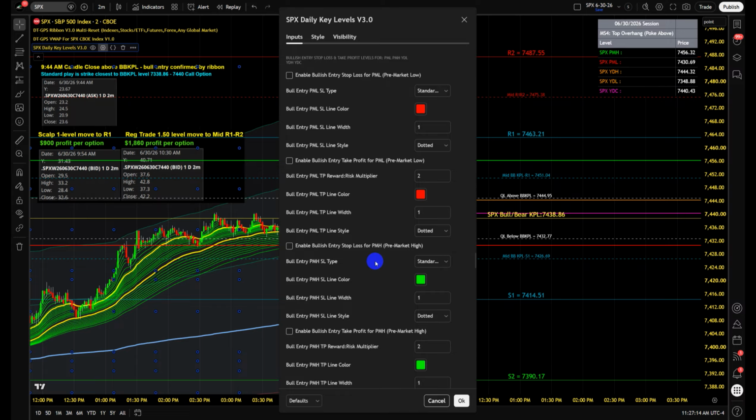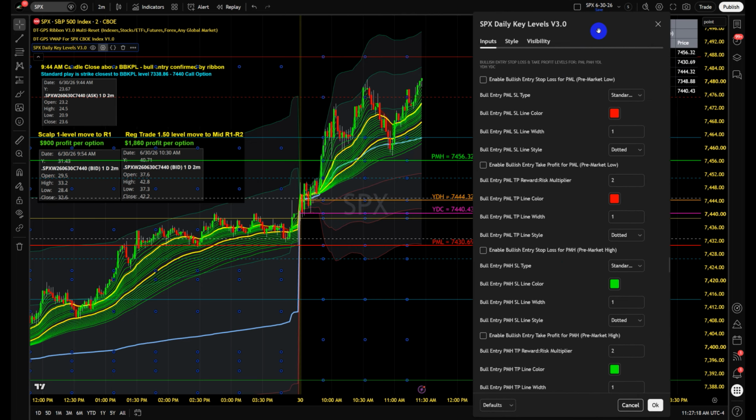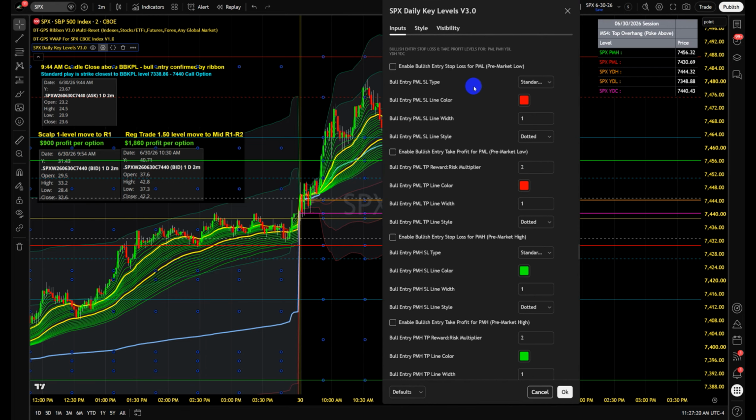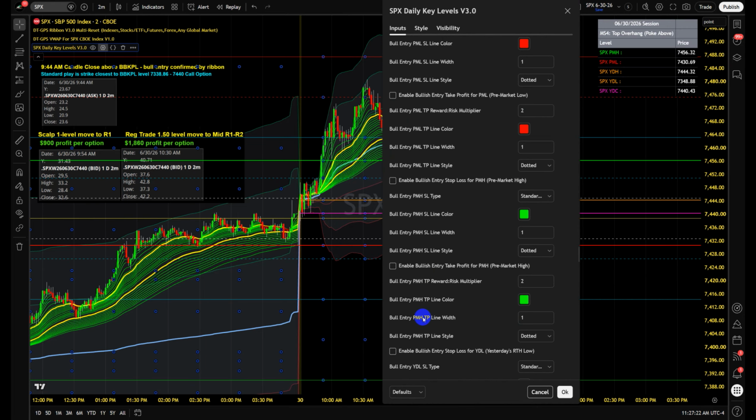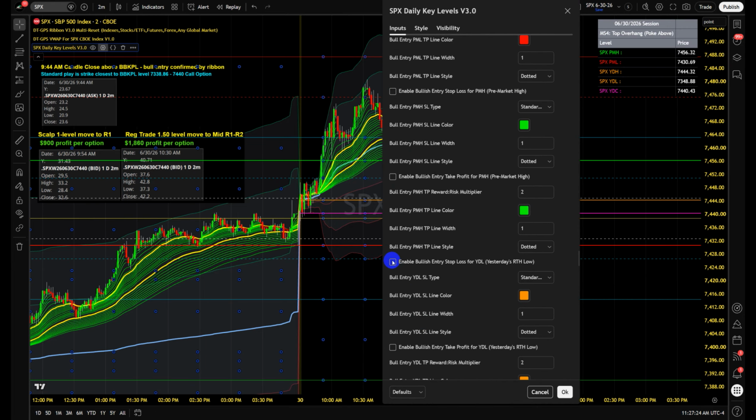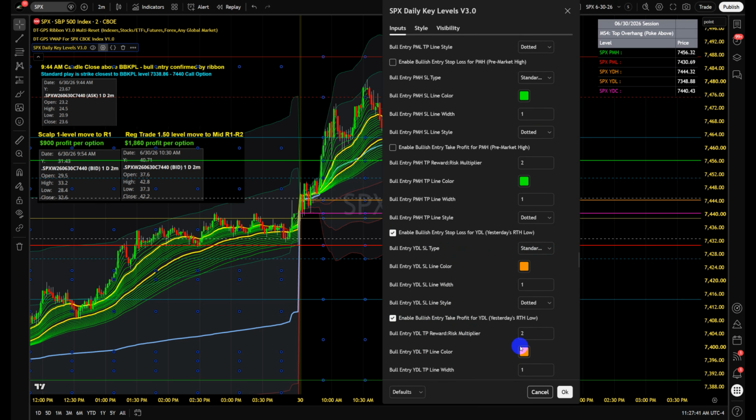For example, let's say in this case, we were wanting to take a trade off of YDH. Simply go down to YDH, click Enable Bullish Entry Stop Loss. You can either leave it at standard or tight. So for example, if we did standard, we would also enable the bullish entry take profit.